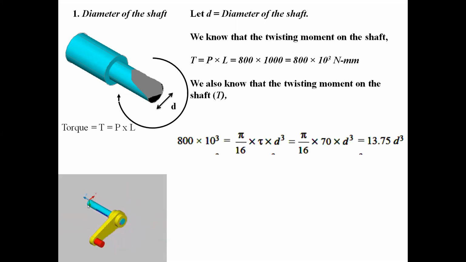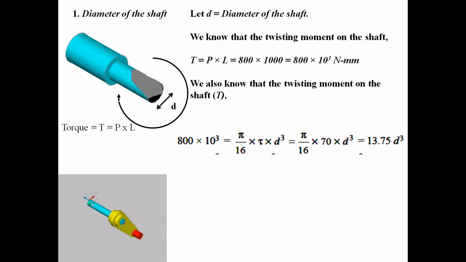Now we know from our previous video that the torque T is equal to pi by 16 d cube into the torsional shear stress, which is the equation of torsional shear stress of a shaft. So here the torque T is 800 into 10 power of 3, which is equal to pi by 16 tau into d cube.